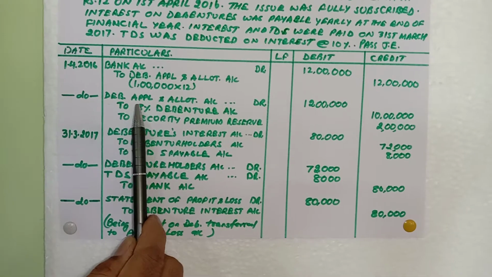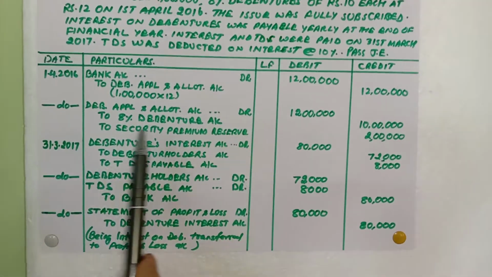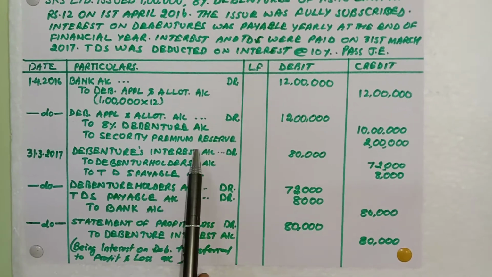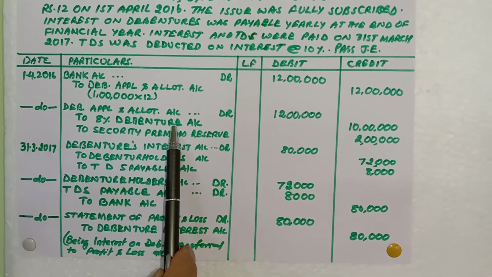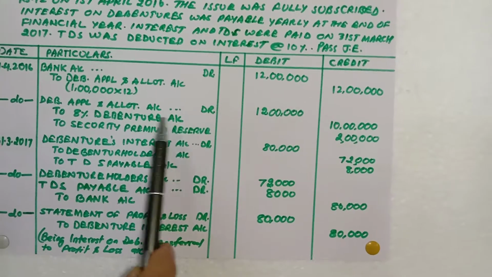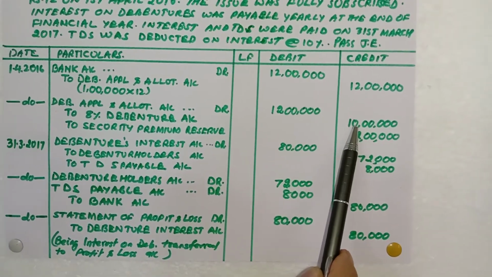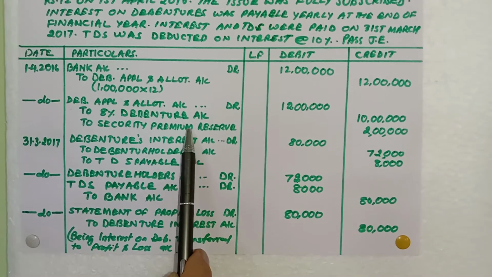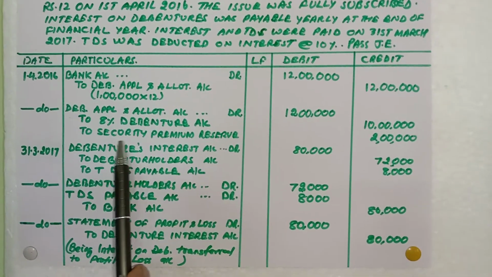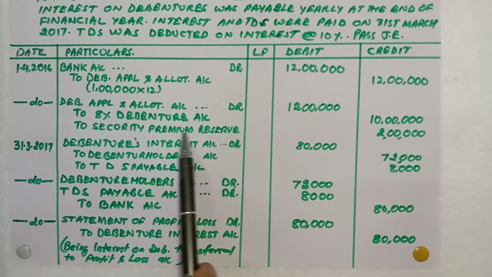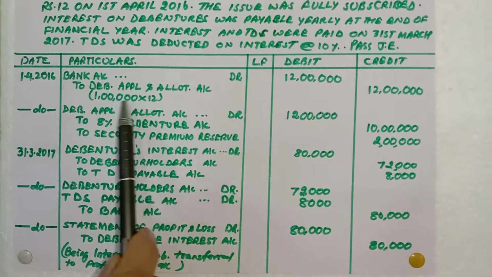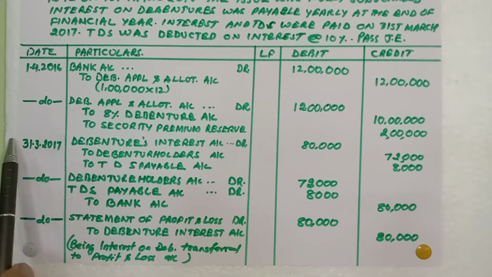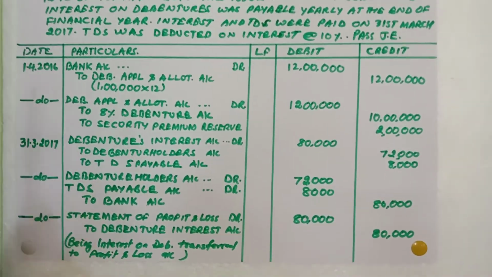Then debenture application account debit to 8% debenture account and securities premium. Now this debenture is 1 lakh debentures into 10 rupees, so you get 10 lakhs. And what was our premium? 2 rupees, which they did not tell in the question, but we need to understand. The premium is 2 rupees, so 1 lakh into 2 is 2 lakhs. So this is the issue, on the first date I issued.